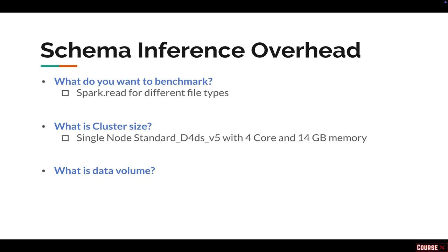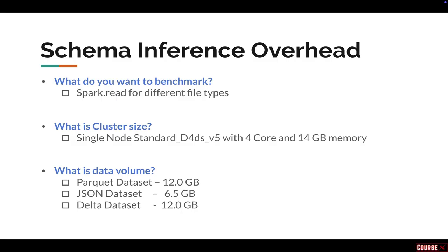As we mentioned earlier, we will be dealing with different file types with various volumes. So we will be dealing with a Parquet dataset, roughly 12 GB of volume, a JSON dataset, roughly 6.5 GB of volume, and a delta dataset with 12 GB of volume, and then we will compare the results of how fast Spark is doing this spark.read operation.